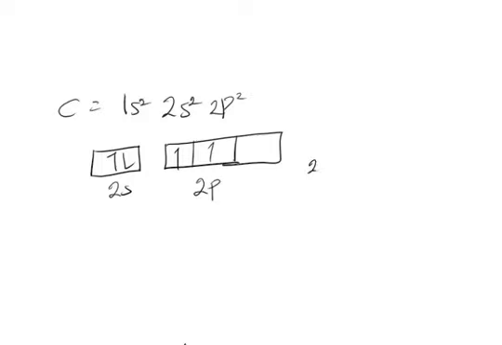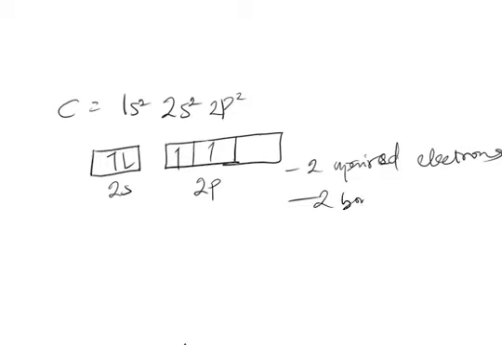So this means that I can only have two bonds in the ground state.